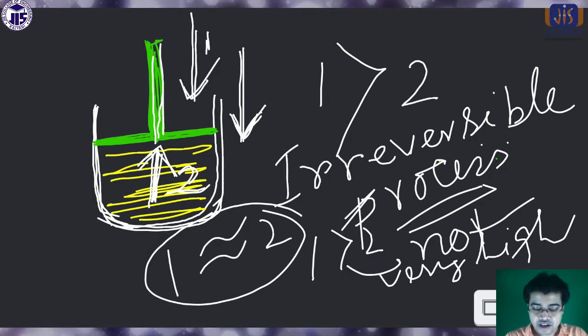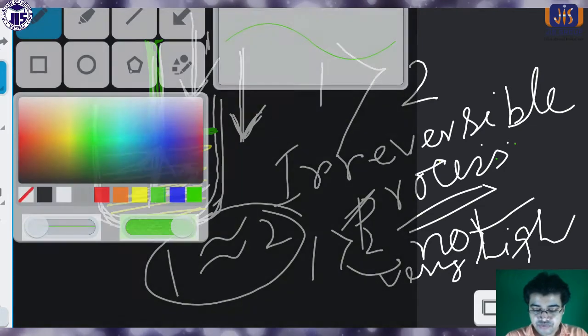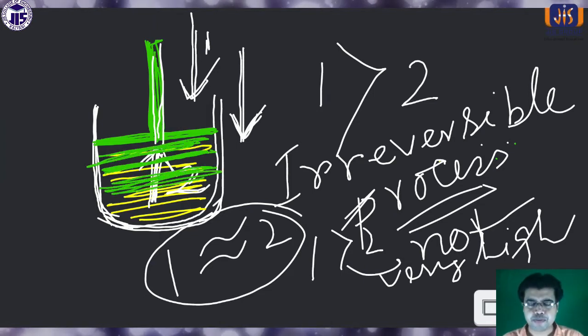The piston will come here at first, then again come here, and then here. So there is a step-by-step process, because if the difference between the driving force and opposing force is not very high, it will move step by step.